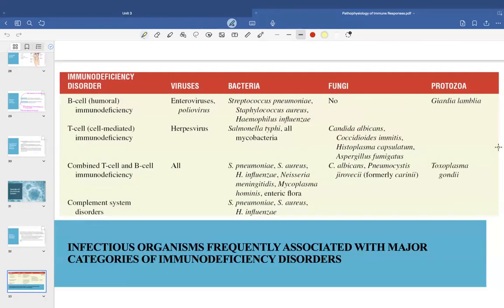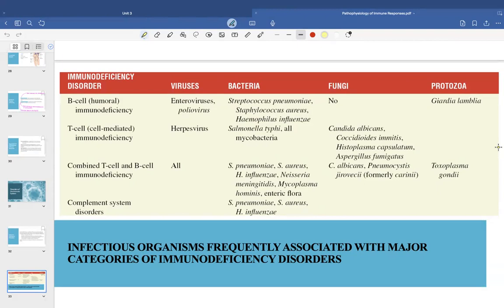So, do they have anything to do with fungal infections? No. What's important in fungal infections? How do we kill fungal infections? Which cells? Which cell line? T cells. Very good, Helena. So T cells. So no, this is B cells.